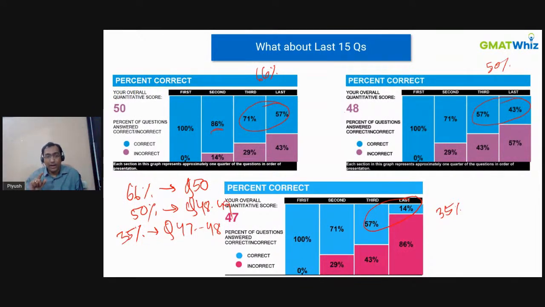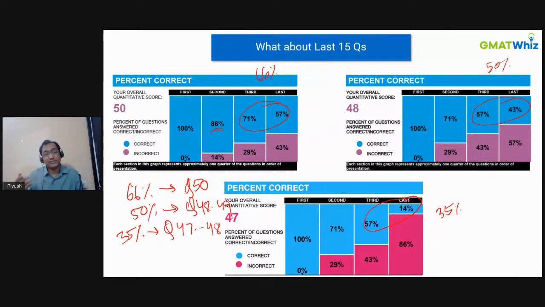So if you get the first 15 questions right, even with a 66% accuracy in the last 15 questions, you can still get a Q50. With a 50% accuracy in the last 15 questions, you can still get a 48 or a 49. Even with a 35% accuracy in the last 15 questions, you can still get a 47 to a 48.